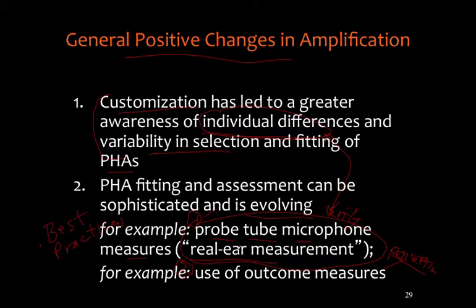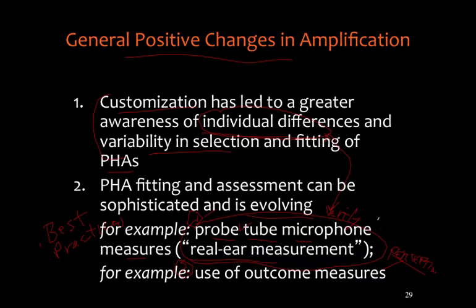I must also report to you, sadly, that even though probe tube microphone measurements have been around for the better part of 30 years, present data suggests only about 40% of all persons fitting hearing aids actually utilize probe tube microphone measures.